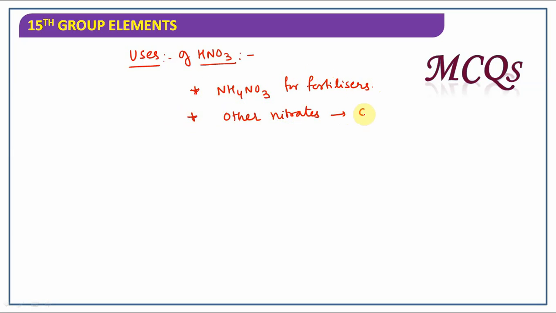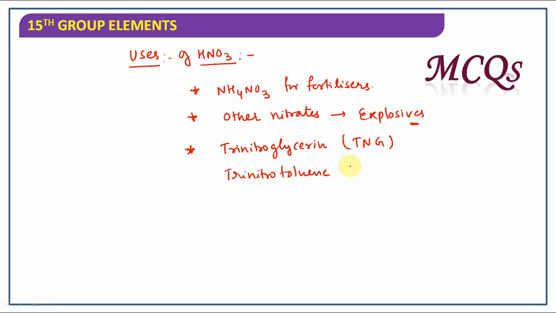As well as other explosives, like it can be used in the preparation of trinitroglycerin, that is TNG, full form is trinitroglycerin, as well as trinitrotoluene, TNT. All these are explosives, children.